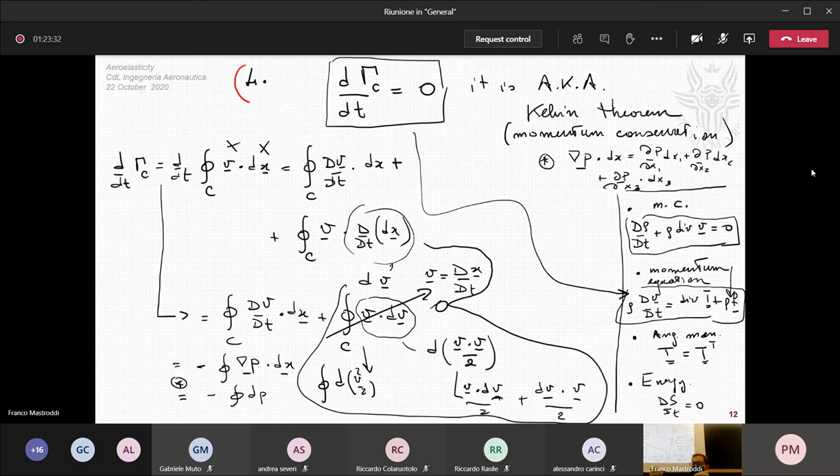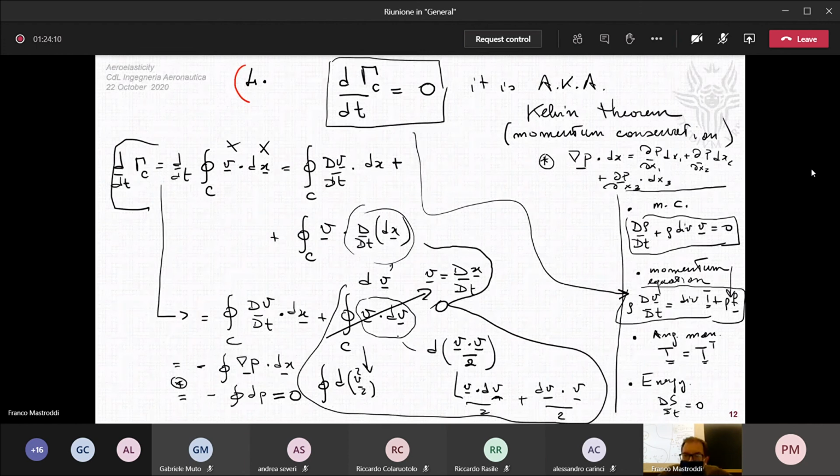This is the development of the differential of p. And therefore, take this circle integral, and this quantity is equal to the value of the pressure in a point minus the value of the pressure at the same point. We should not have any kind of discontinuity for the pressure in subsonic flow, and therefore this is identically equal to 0. So we have demonstrated the Kelvin theorem.